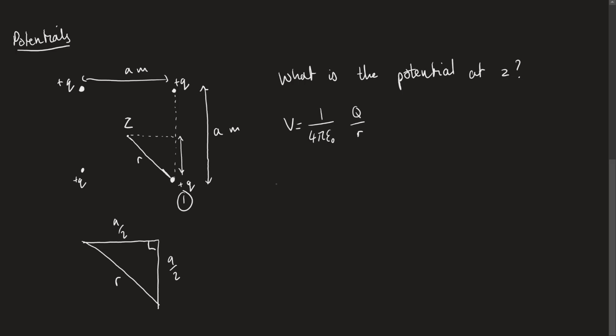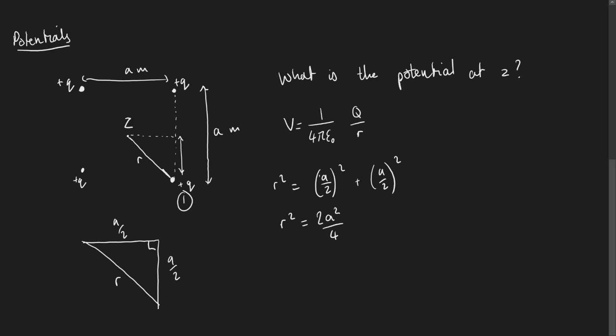So I say r squared is going to be a over 2 all squared plus a over 2 all squared. This is going to be a squared over 4, and this is going to be a squared over 4, so r squared is a squared over 4 times 2.